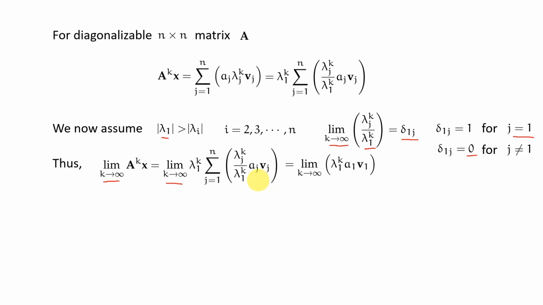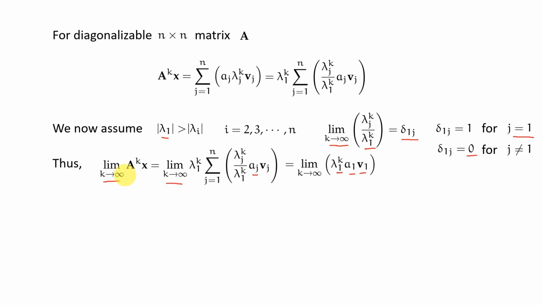And then we know that the only term that will survive here is when j equals 1, and at that point this ratio is simply 1, which means in this entire summation only the j equals 1 term has something, everything else should be 0. So this becomes lambda 1 to the power k, and here everything is 1, only j equal to 1 survives, so that means a1 v1.